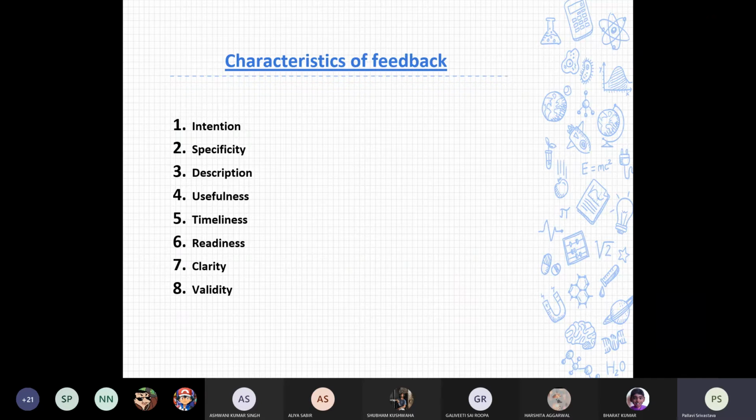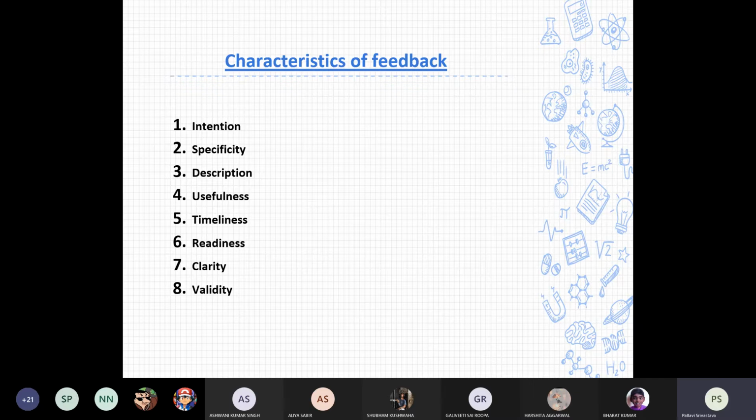Whenever we are talking about feedback, we are talking in general, especially when we are in a working situation, when organizational communication is involved, when you are a worker, and there, as a subordinate or as a senior, you are supposed to take or give feedback.